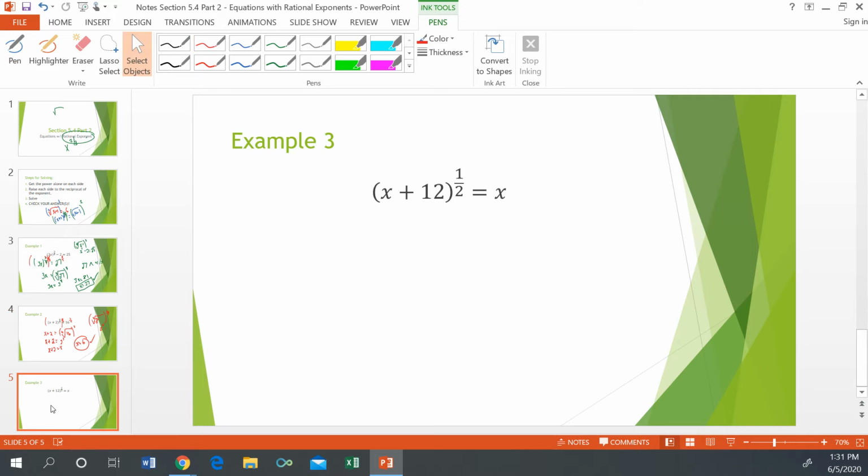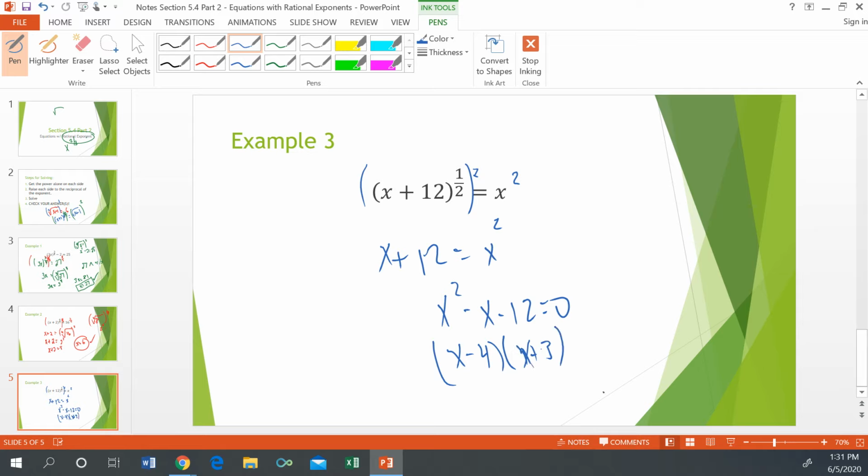So we're going to be left with x plus 12 equals x squared. I have a squared term, so bring everything over. Factor. X equals 4 and negative 3.